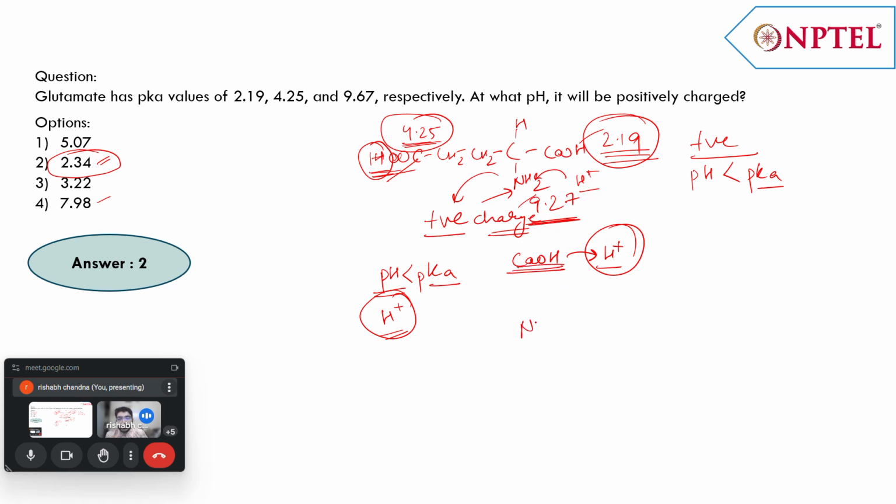But in case of NH2, because there are a lot of H plus ions in the background, it can easily accept a hydrogen ion and convert to NH3 plus.